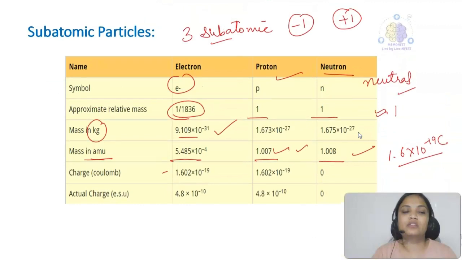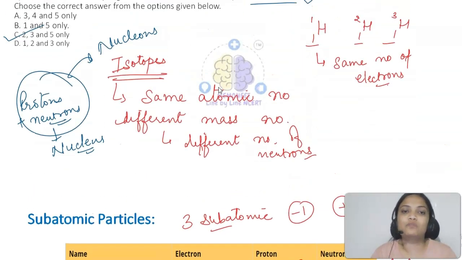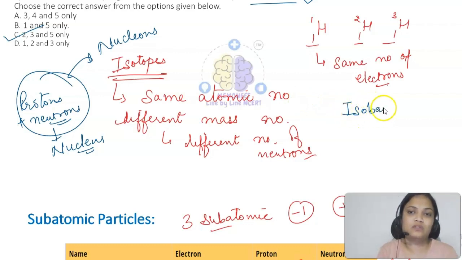You can note this flow chart as well. Here all the information about the mass and charge of the subatomic particles is given. So you need to know the masses also in AMUs, in kgs, and the charge as well. And you need to know about isotopes and isobars as well. Isotopes have the same atomic number, different mass number. Let me tell you about isobars also.